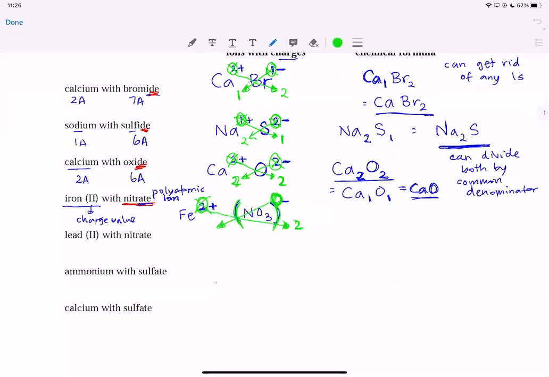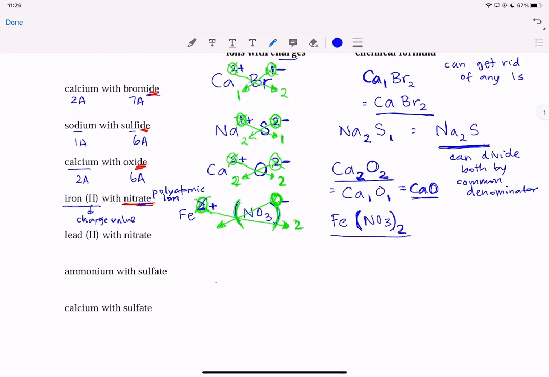That's okay, because what you're going to end up with is Fe with no positive, because the 2 is gone, and no number crossed over and down. But in parentheses next to it is NO3, and there's a 2 outside of it, and that's the chemical formula there.